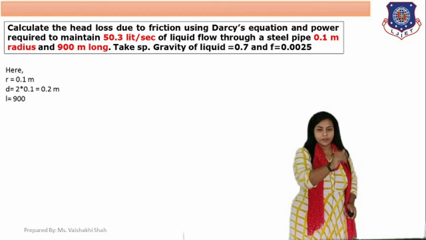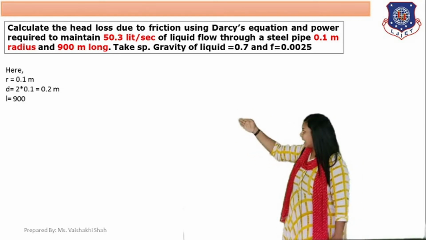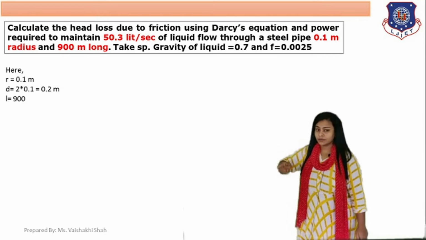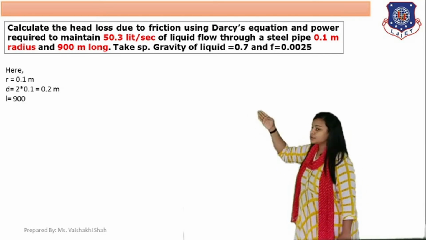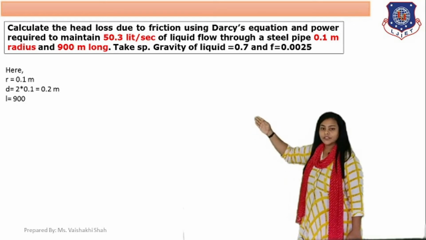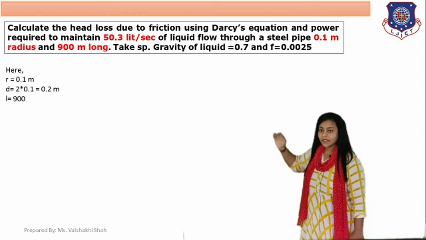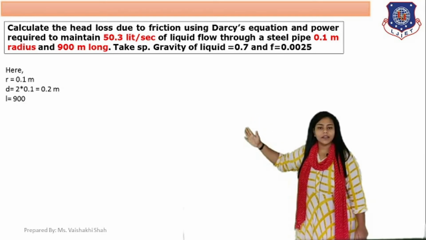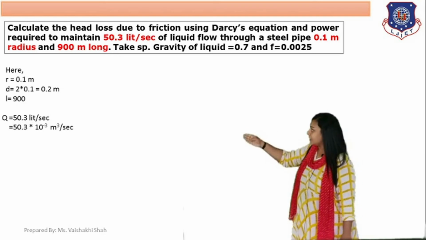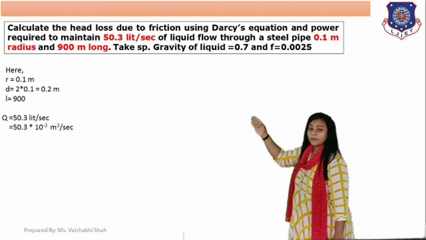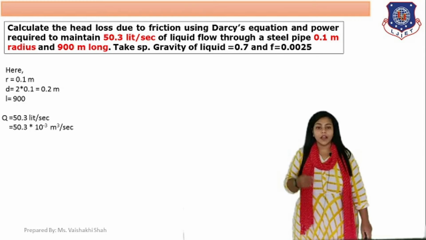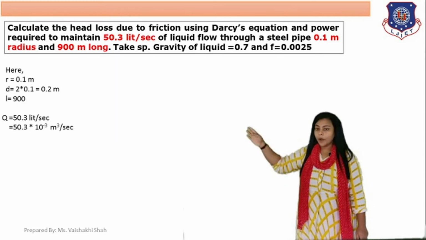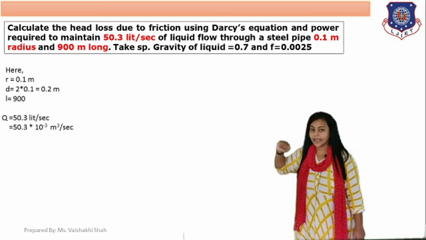So in this example, first of all, discharge of liquid is 50.3 liter per second. Radius R equals 0.1 meter. Diameter is 2 times radius, so D is 2 into 0.1, which is 0.2 meter. Length L is 900 meter. Now we will convert liter per second into meter cube per second.